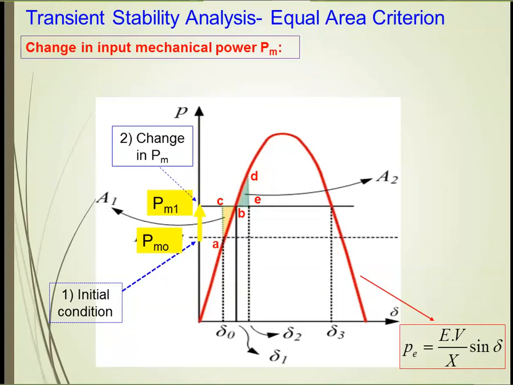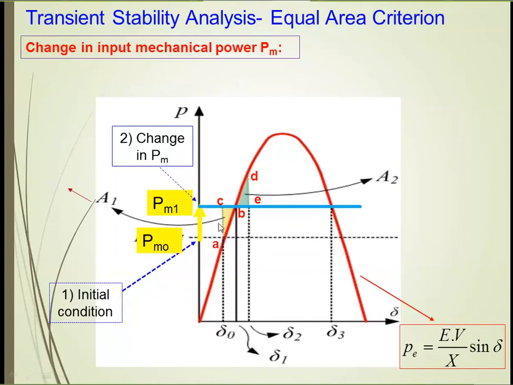Now with this disturbance, we want to analyze how the rotor angle will change its dynamics here. So now this is the turbine mechanical power change here. Now here we define one of the areas, this one. We will discuss more in detail in the later slides.